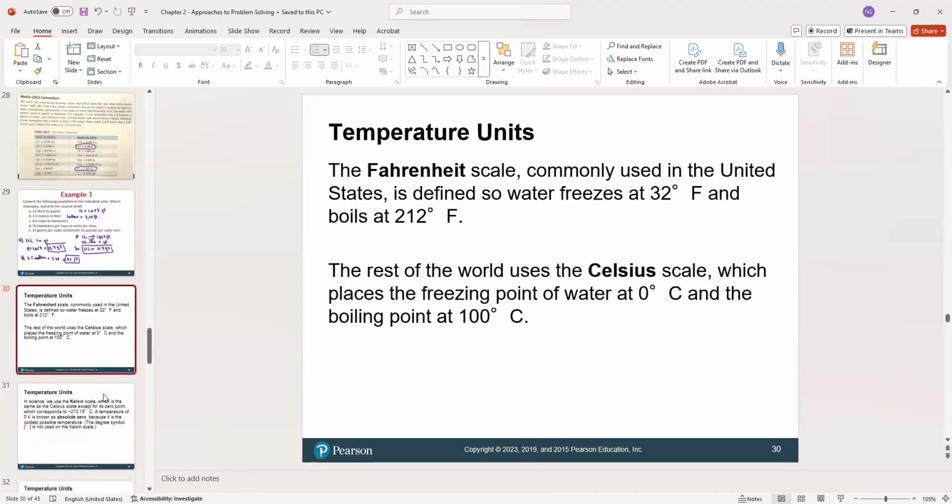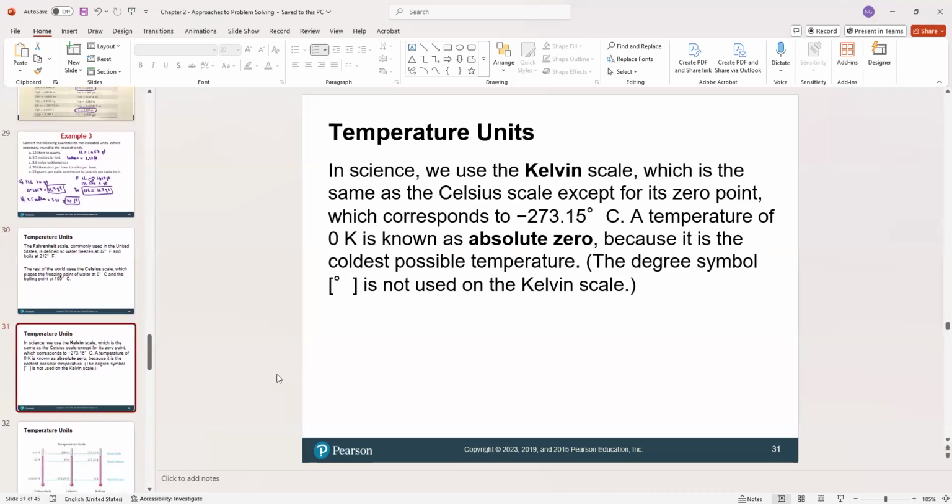Now, besides Fahrenheit and Celsius, as we said, there are three temperature scales that we commonly use. In science, we use the Kelvin scale, which is the same as the Celsius scale, except for its 0 point, which corresponds to negative 273.15 degrees Celsius.